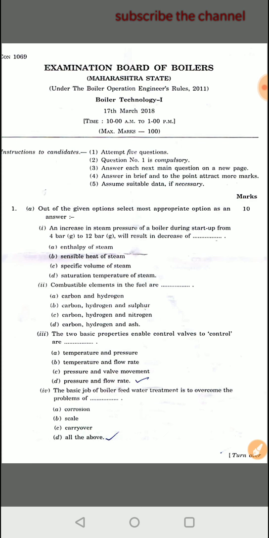Question 3. The two basic properties that enable control valves to control are blank. A. Temperature and pressure. B. Temperature and flow rate. C. Temperature and valve movement. D. Pressure and flow rate. Let's solve it.